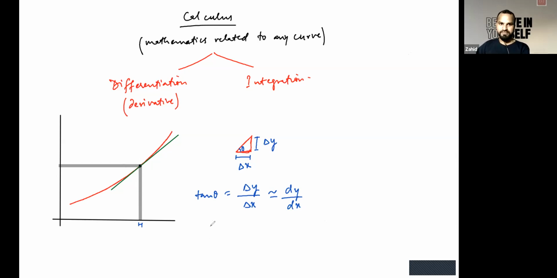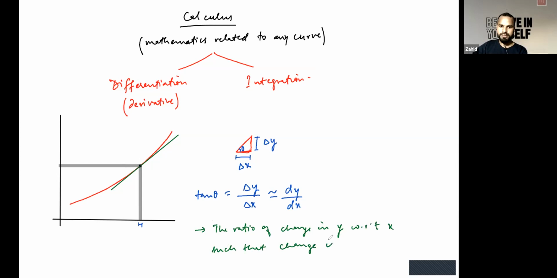So you will say differentiation is nothing but the ratio of change in y with respect to x, such that the change is infinitely small.